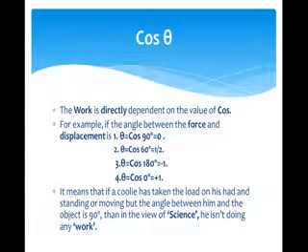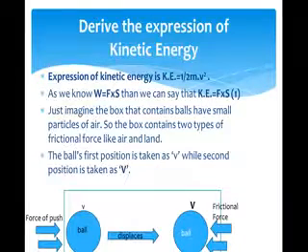It means that if a coolie or anyone has taken any type of load on his head and the angle between him and the object is 90 degrees, then in the view of science he is not doing any type of work.